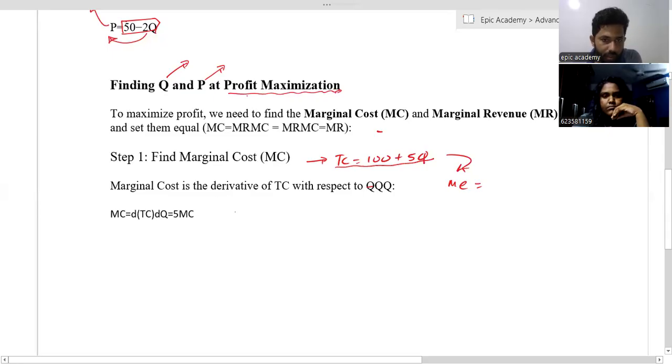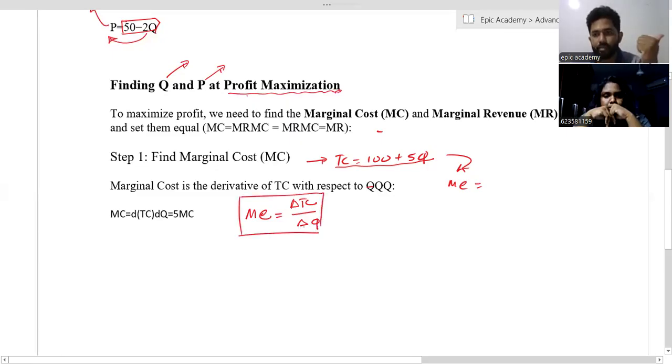That means we all know that MC equals delta TC divided by delta Q. Isn't it? Yes. But in this position, we don't have two options. That is why we have to derive. If we have two options for the total cost, this is 100, this is 200, so the difference is 100.